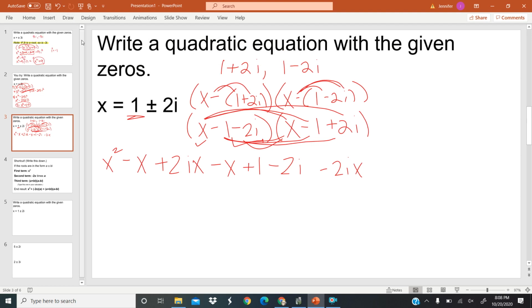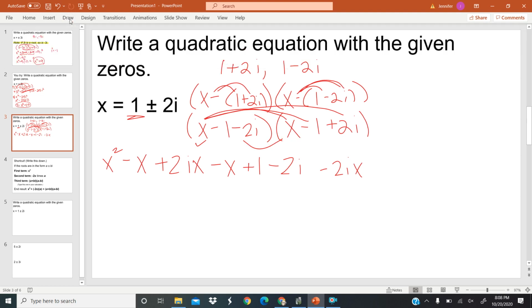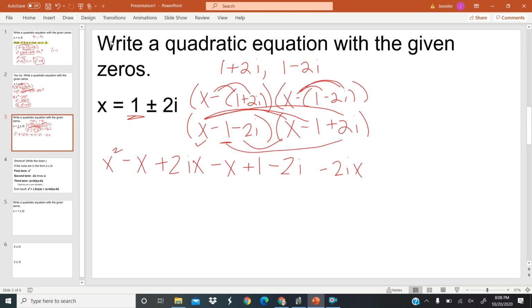That term, from my negative 1 being multiplied by 2i, was supposed to be just plain negative 2i. So then moving forward to my negative 2i times x, I have negative 2ix. Negative 2i times negative 1 is going to be plus 2i. And negative 2i times positive 2i is going to be negative 4i squared.